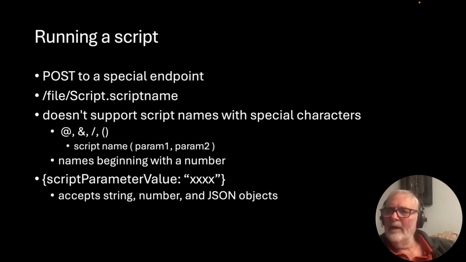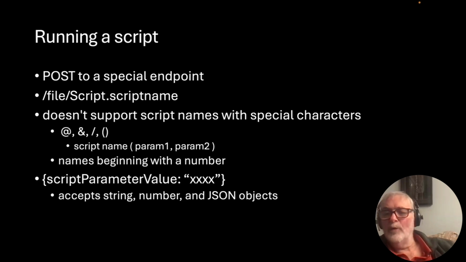If you're in the habit of naming your script name, brackets, parameter, brackets, so that helps you know what parameters you're supposed to send to the script, you cannot run that script with OData. It just does not work. I have tried it multiple ways around. You can't escape the brackets. It just does not work.